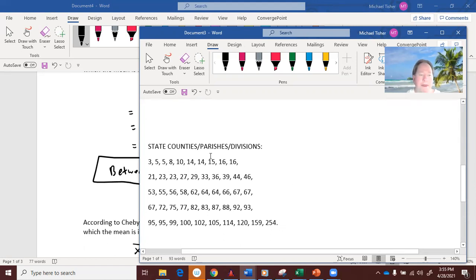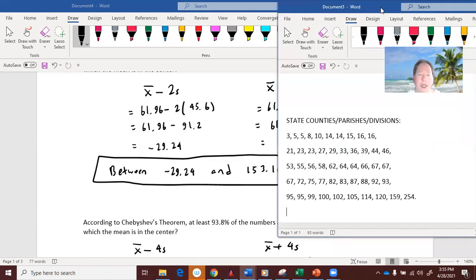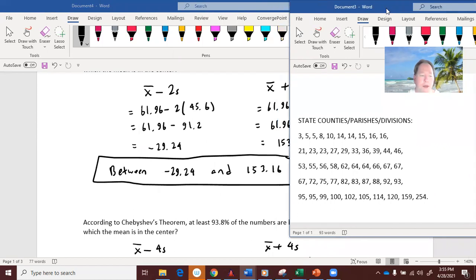Okay, so let's see how many of these numbers are between negative 29.24 and 153.16. Okay, well, none of these numbers are negative, so the first number that is higher than negative 29.24 is the 3. All right, and we need the number that comes right before 153.16, and that's going to be the 120.